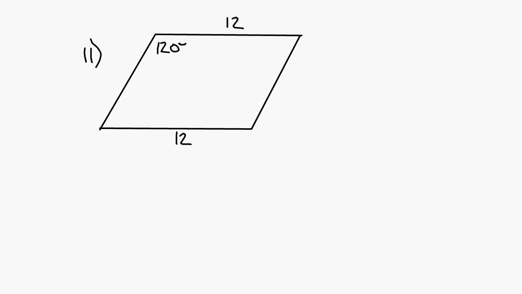This is ABCD. If opposite sides are congruent, then this thing is a rhombus, isn't it?